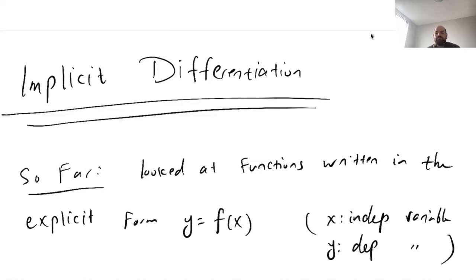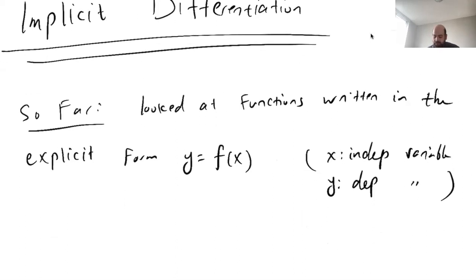Okay, so the concept of functions, we also gave a review in the first lecture: for each input denoted by x, you have exactly one output denoted by y or f of x. So this form of the function is called explicit form, because y as a function of x is expressed explicitly in terms of x.